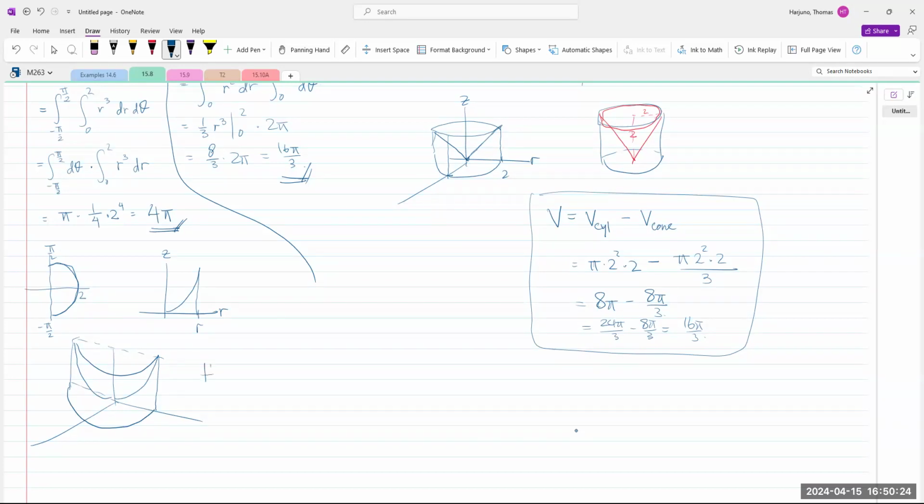Okay, half of the cylinder, then cut the paraboloid away. Okay, and that's for number 15.